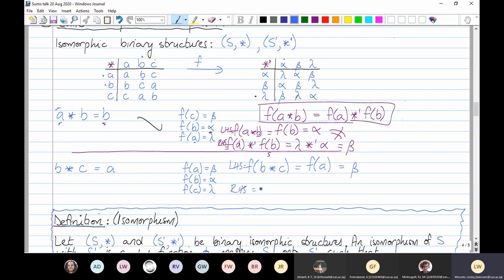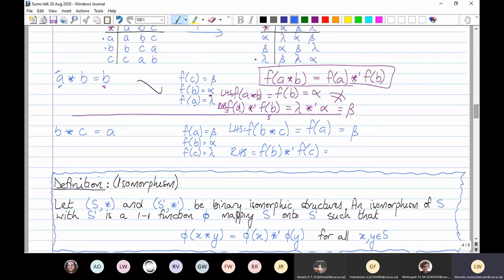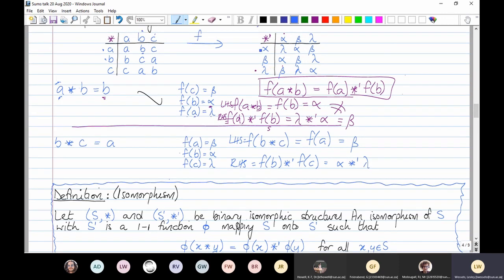My right-hand side is F of B star prime F of C. What is F of B in this case? It's alpha. F of C is lambda. So alpha star prime lambda is equal to beta.